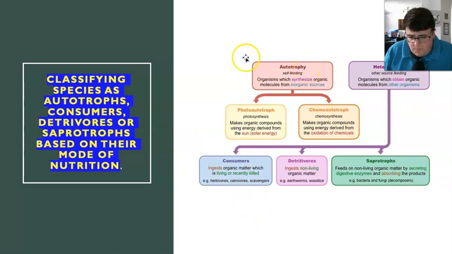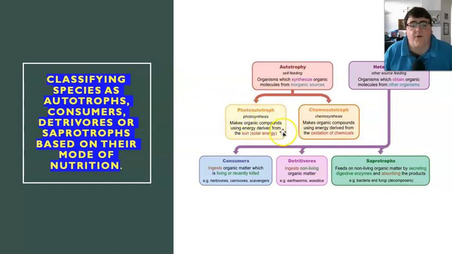So when it comes to autotrophy, and we'll talk about this in a little bit more detail in the next few slides, autotrophy is organisms that can synthesize organic molecules from inorganic sources themselves, so they're self-feeding. We've got two different types. We've got ones that go through photosynthesis and chemosynthesis. So ones that go through photosynthesis are called photoautotrophs. Ones that go through chemosynthesis are called chemoautotrophs.